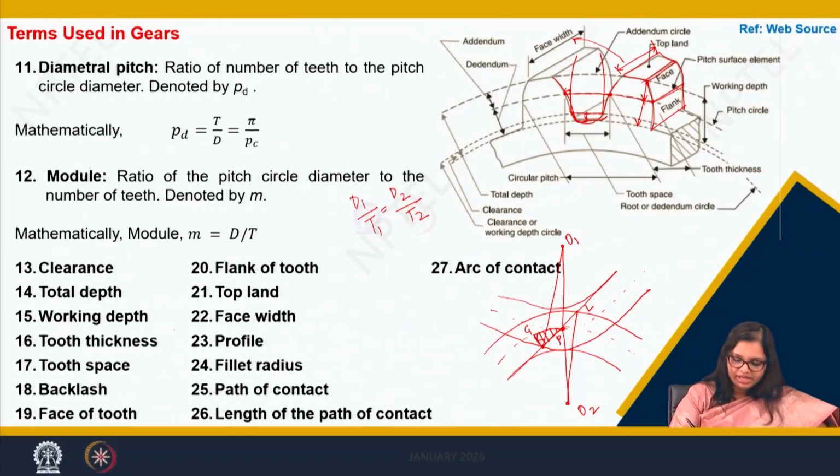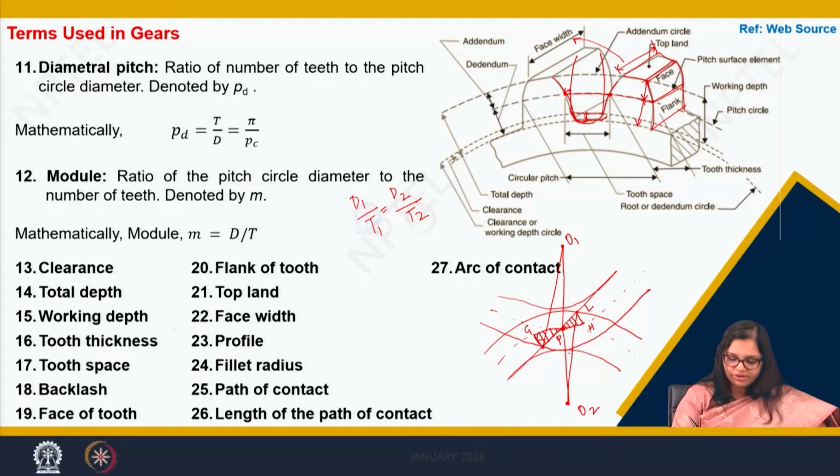The same way here also, when we draw a perpendicular from this side, we call it the arc of contact for the path of recess. Now what are the path of approach and path of recess?